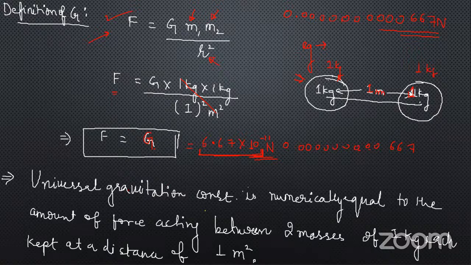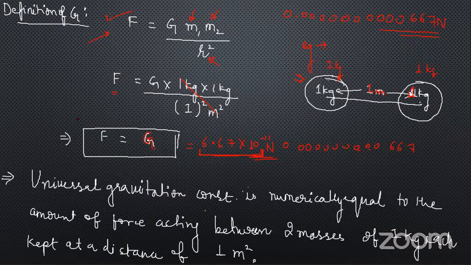Understood. Fine. Now from here we can also get the definition of G. If someone says, okay, define what is universal gravitation constant, how are you going to define it? Right now you only know the value of it. You can only write that the value of G is 6.67, its unit is this, and it doesn't change, etc. But definition means to define that thing, right?